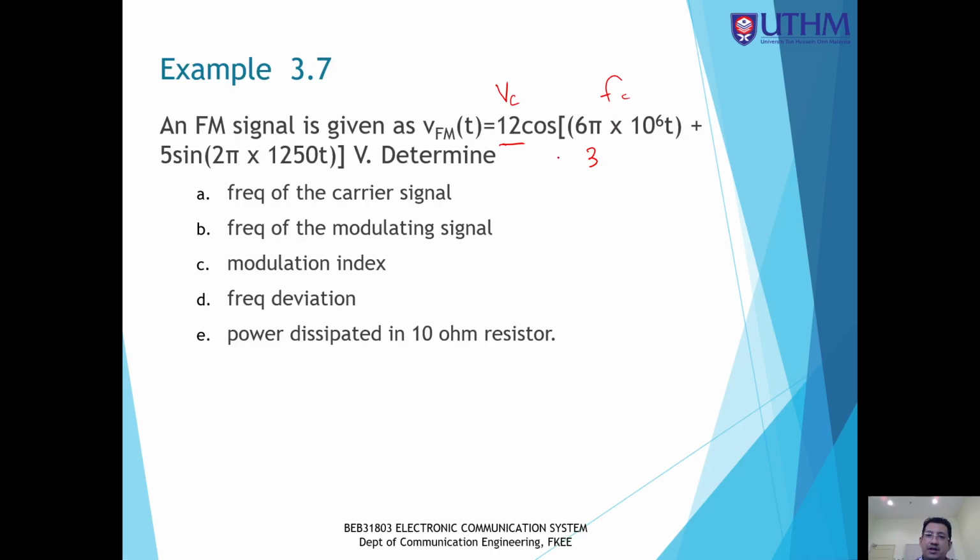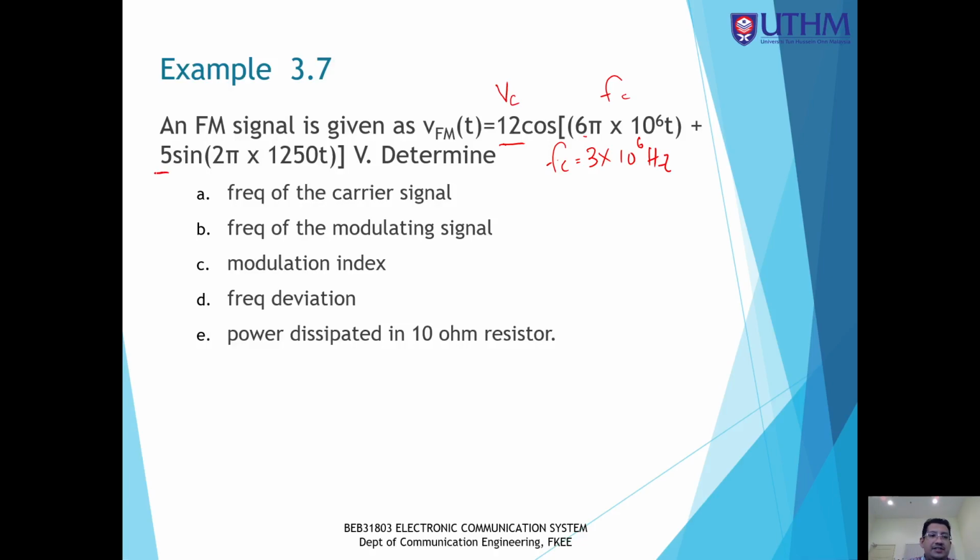So fc is actually equal to 3 times 10 power of 6 hertz. You need to divide with 2 pi. If you divide with 2 pi, you're going to get 3 multiplied with 10 power of 6. So this is actually 3 mega, 3 megahertz.